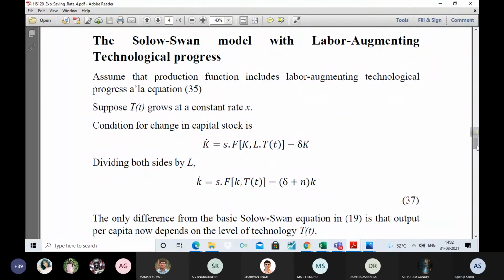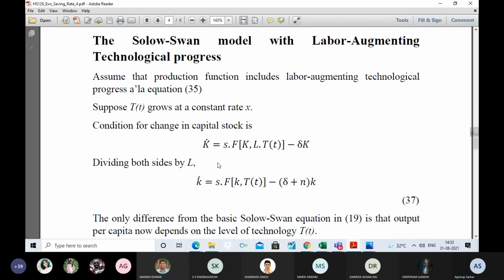Now see, the technology term, T, grows at a constant rate x. So the condition for the change in capital stock would be modified as this, right? And now if you divide both terms by L, because we are interested in investigating what would happen to per capita variables, then we can derive an expression for the change in small k, that is capital per unit of labor, over time, right?